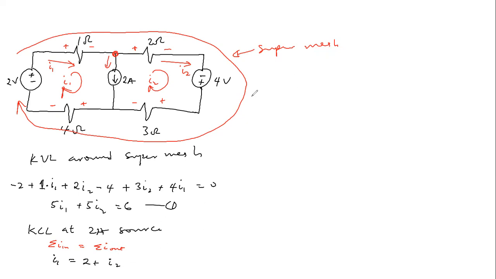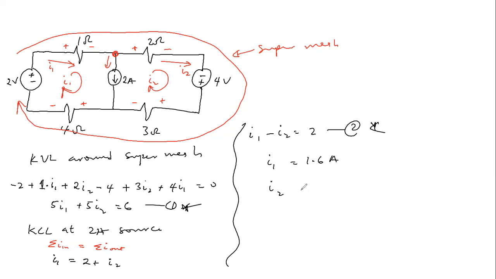Okay? So from this, we get I1 minus I2 is equal to 2. It's our second equation. So once we resolve these two systems of equations, then we get I1 to be 1.6 ampere and I2 to be the same as negative 0.4 ampere.